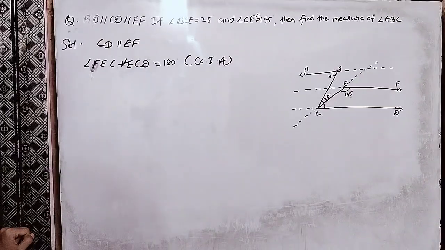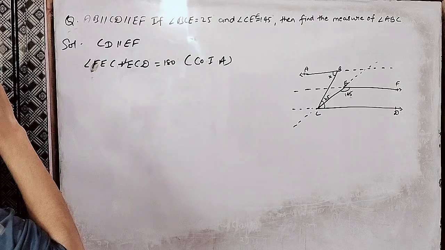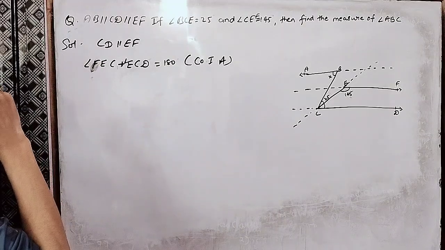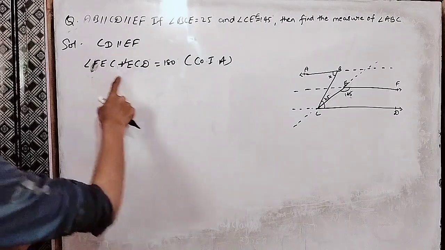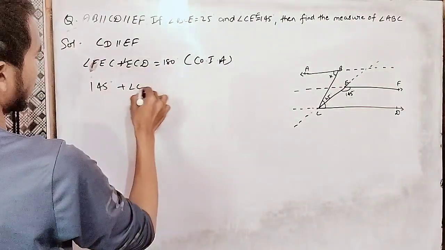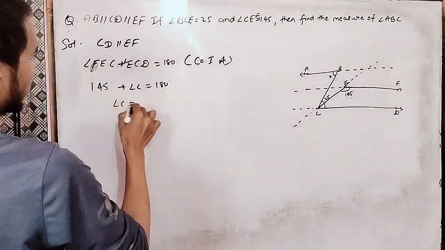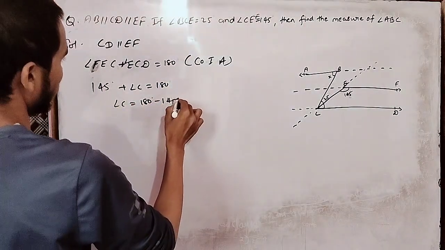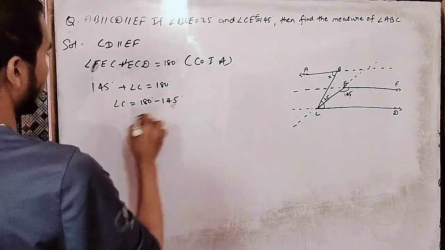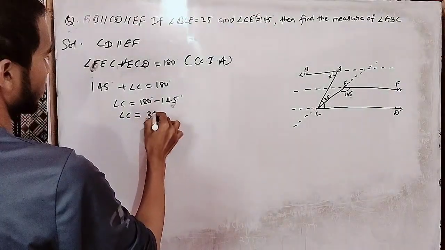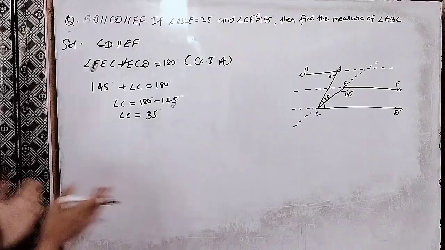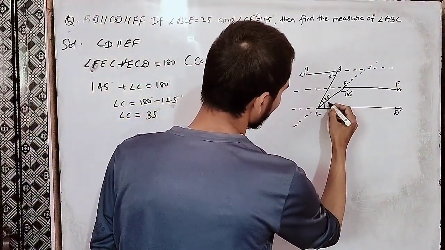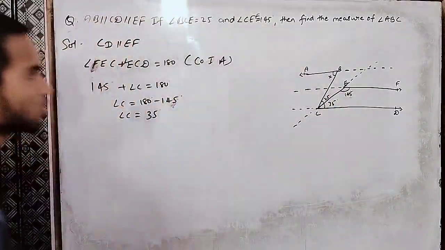Whatever value of angle is given, we put in: FEC is 145, so 180 minus 145 is 35. So here we are clear that the value of this angle is 35.